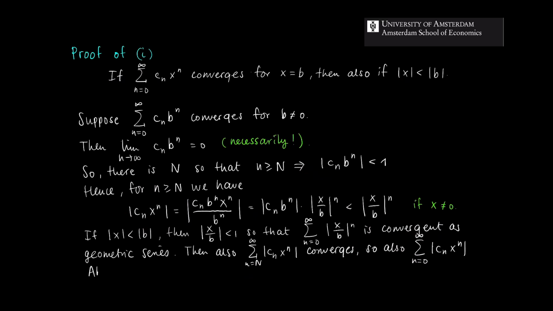So also this sum exists. And what we then see is that if the sum over the absolute value of c_n x^n exists, then we have an absolutely converging series. Which means also that the series itself, the sum over c_n x^n, is also convergent.